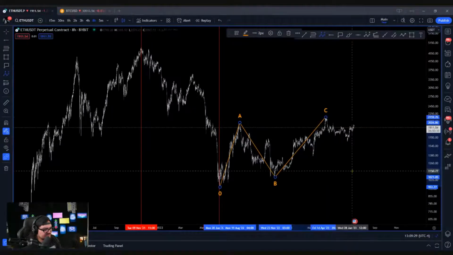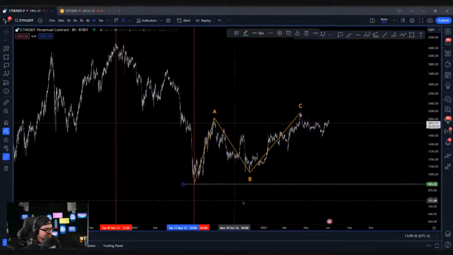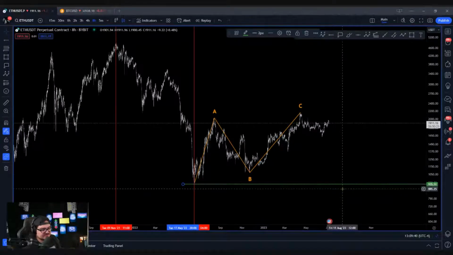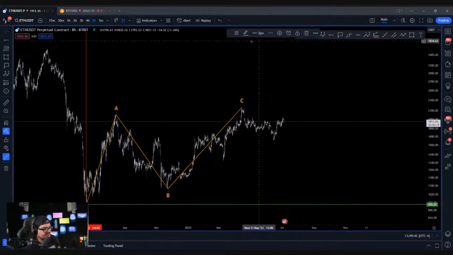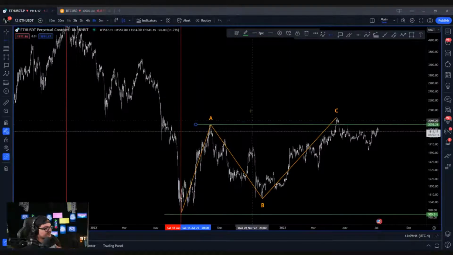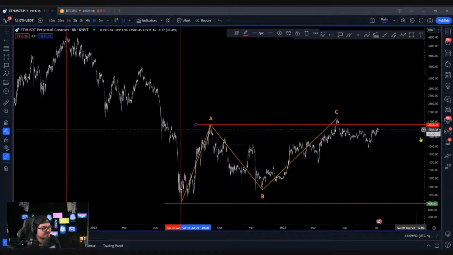Now, if this is going to be bullish, I need to see price sustain above the previous low around 935. If we break that low, we'll talk about the bearish option. But at the moment, we are assuming that this is going to be a bullish idea.